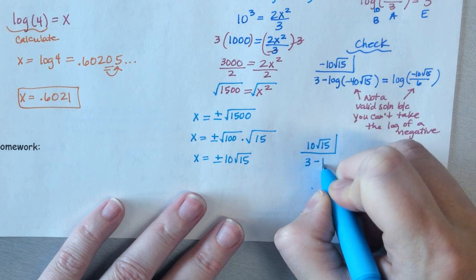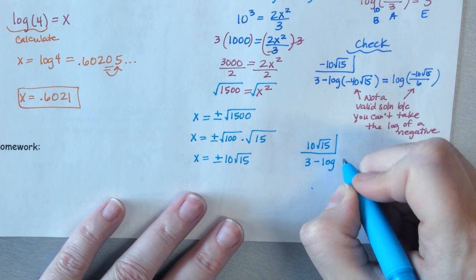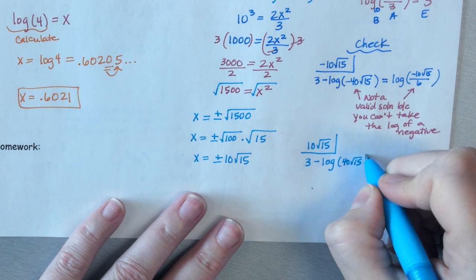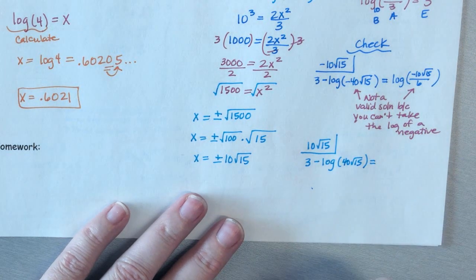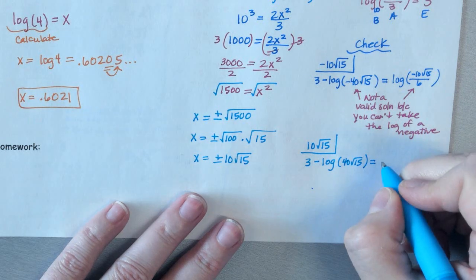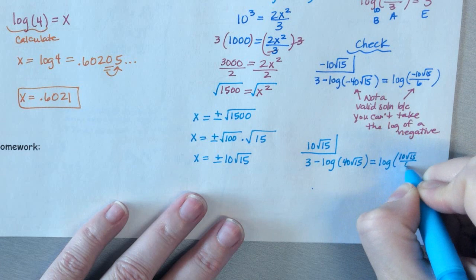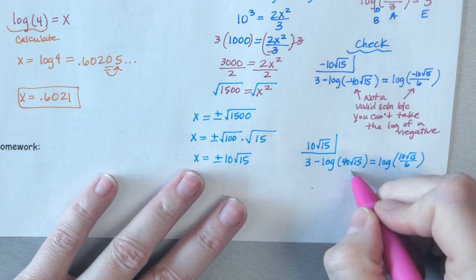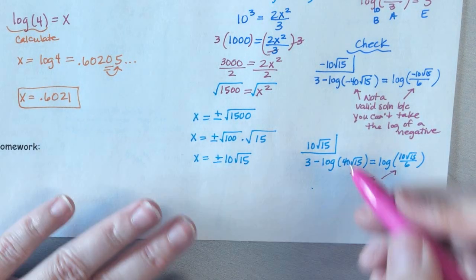So this would be 3 minus the log of, and then now this would be positive 40 root 15. Okay, and then that would equal the log of positive 10 root 15 over 6. So are both of those positives? Yeah, okay. So positive, positive, so you're good.